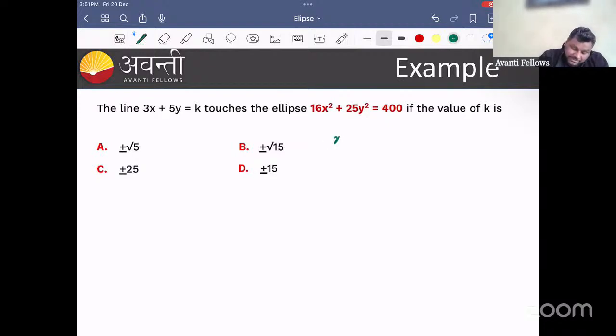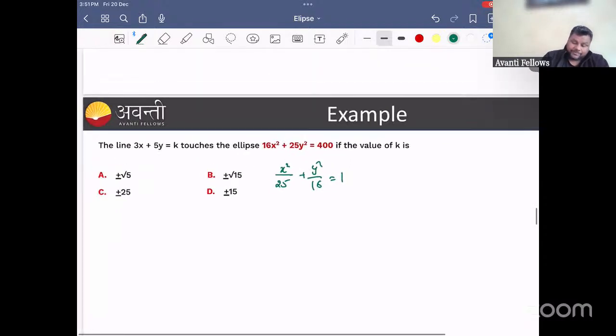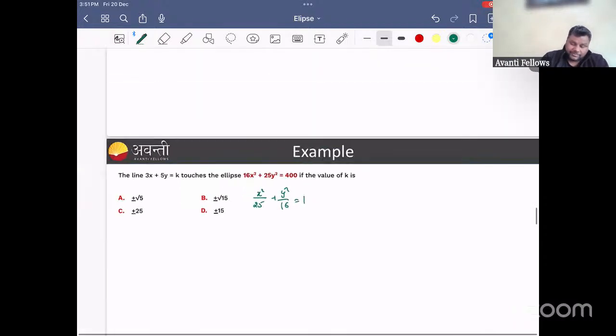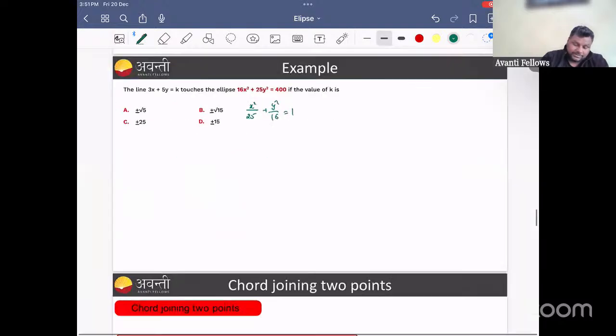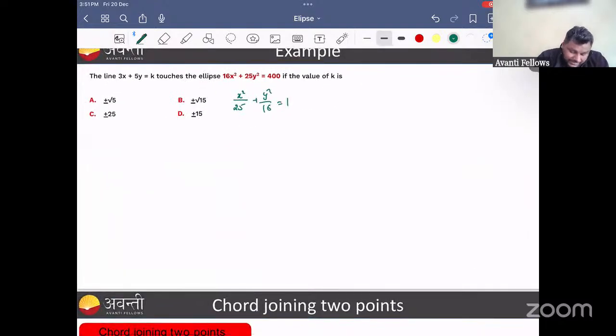First of all, ellipse is x square upon 25 plus y square upon 16 equals to 1. Got it? Now, line is y equals to minus 3 upon 5 into x plus k by 5.